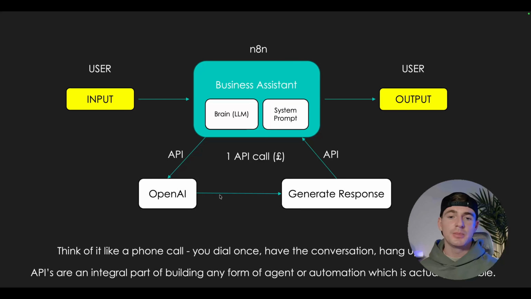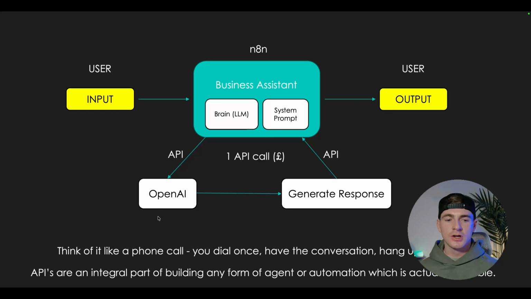Well, it works through an API call, right? We send our message to our agent. Our agent sends that message off to OpenAI through an API. OpenAI generates its response and then sends that back to our AI agent, and that is all done through one API call, right? And then we get our output, which comes from n8n back to us, the user. So think of it like a phone call.